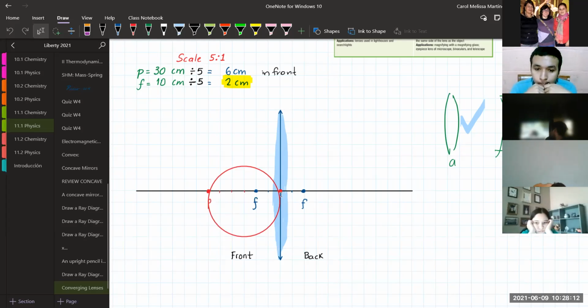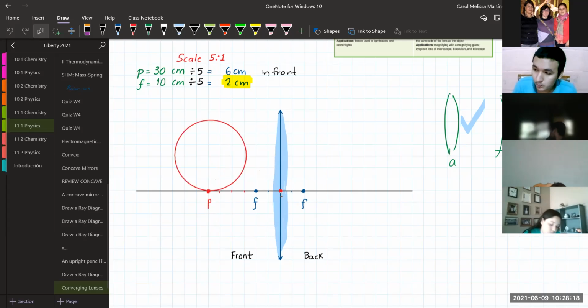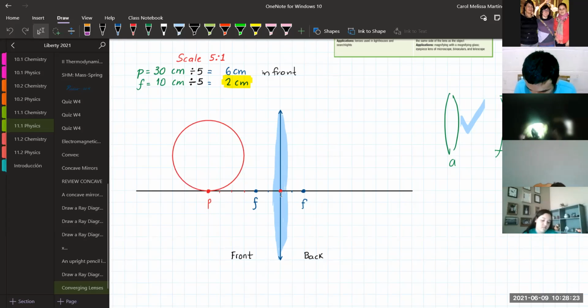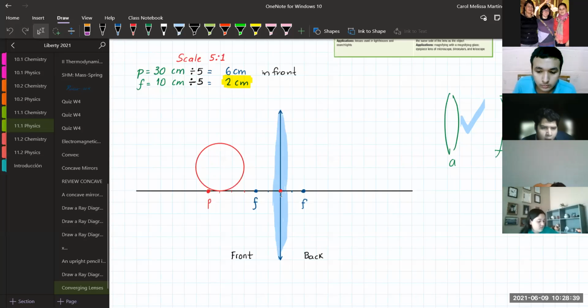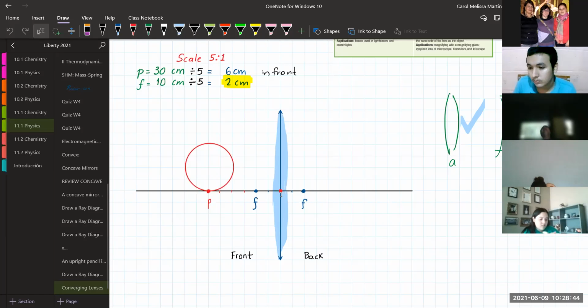I will locate it there. Okay. That's my round. I think it's just too big. I'm gonna make it smaller. Okay, that's my object.